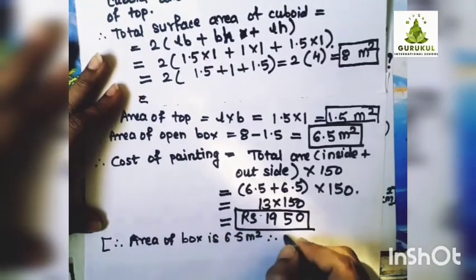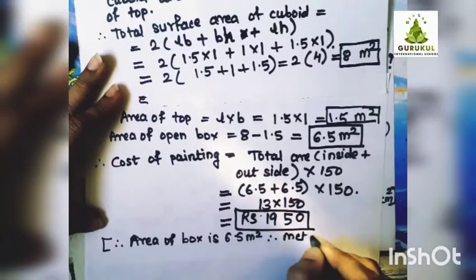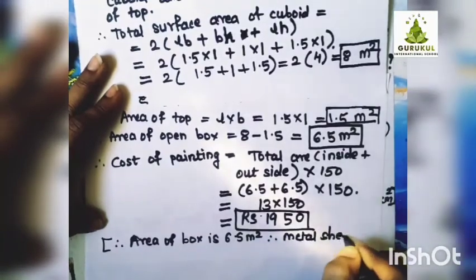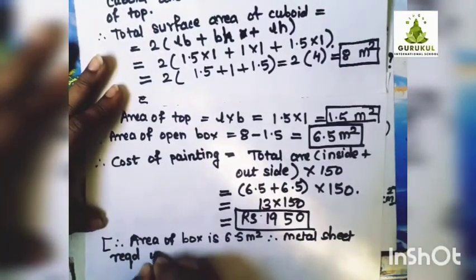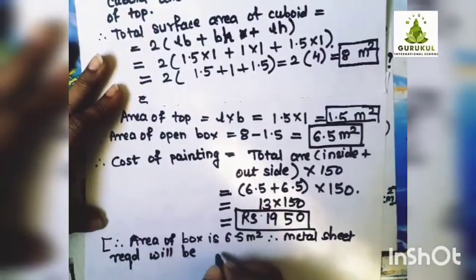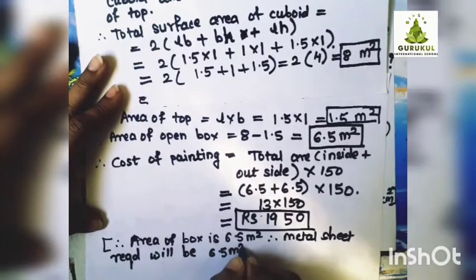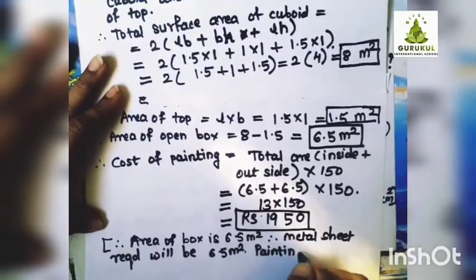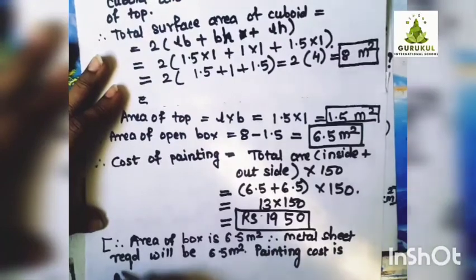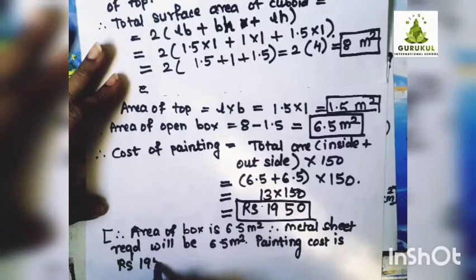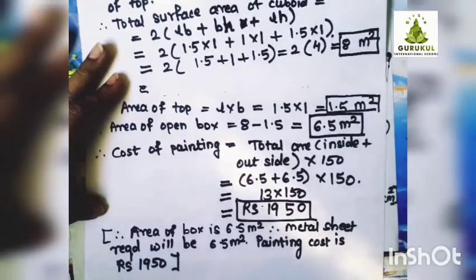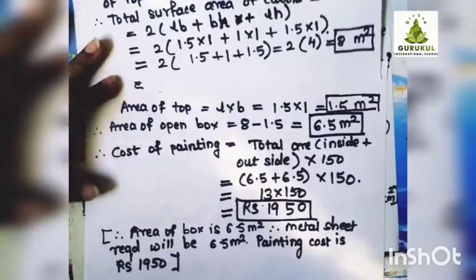Therefore the metal sheet required will be 6.5 meters square and the painting cost will be rupees 1950. Okay, so this is how you have to conclude this answer.